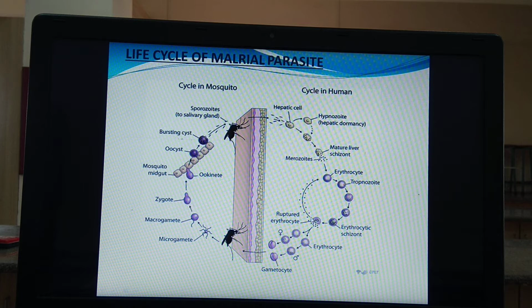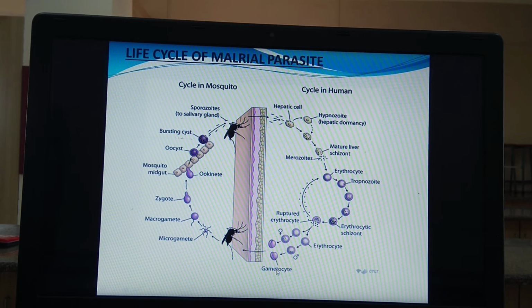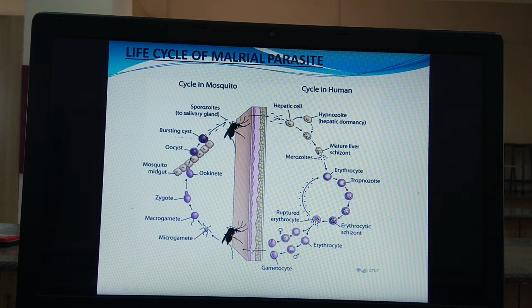At last, these erythrocytes get ruptured, and this stage of the pathogen gets differentiated into gametocytes. So this gametocyte can again enter into the body of a mosquito if there is a mosquito bite to the infected person. So in that way the cycle will be continued.